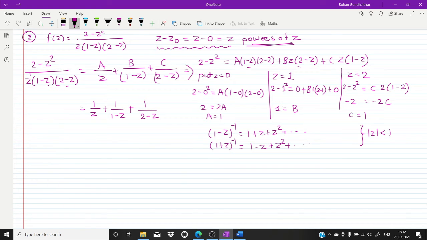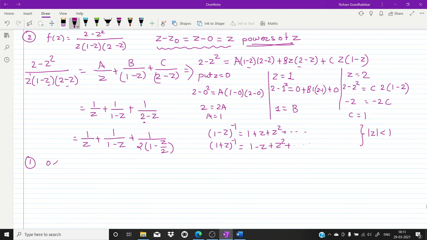Already we are getting the terms as a z here. Fine. Only in this term, we need to manage 1 minus variable, because here I am having 2 minus variable. So we need to manage it. So that's why we are taking 2 common. So plus 2 into bracket (1 minus z upon 2). Got it?